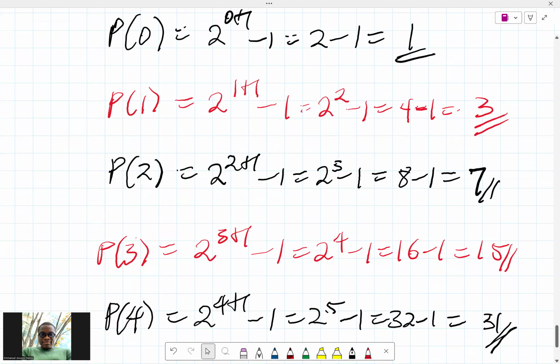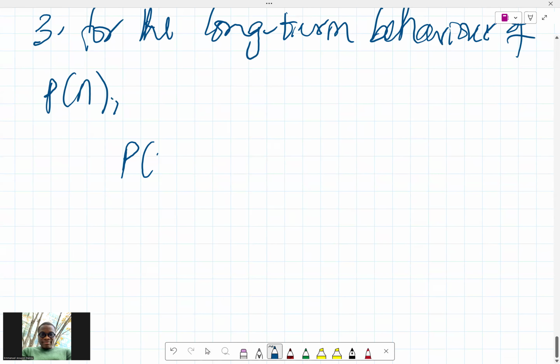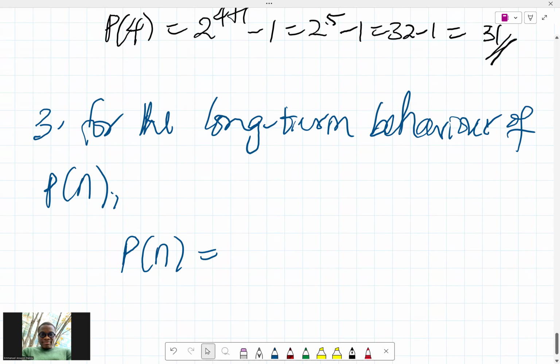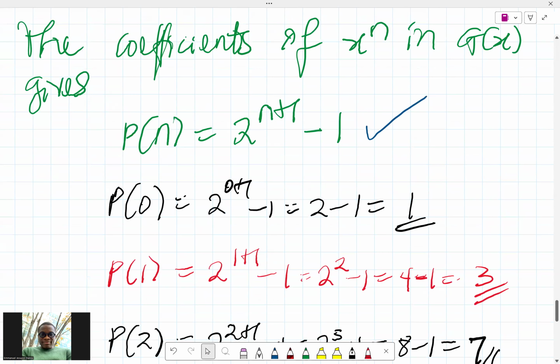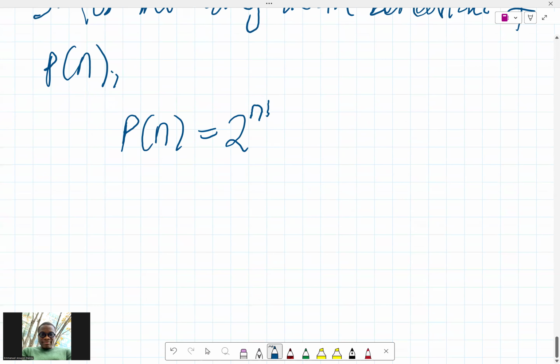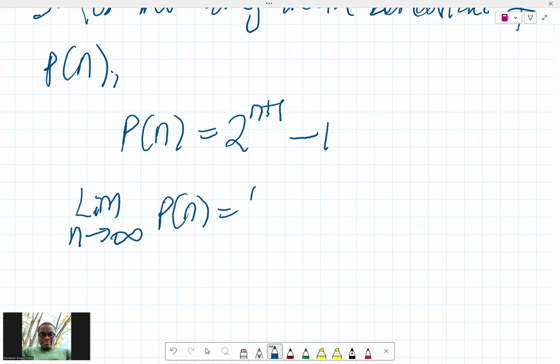So we have P of n equals 2 raised power n plus 1 minus 1. The long-term behavior is what is going to happen at infinity. So that means we have to take the limit as n approaches infinity, as the generations go far. That'll be the limit as n goes to infinity of 2 raised power n plus 1 minus 1.